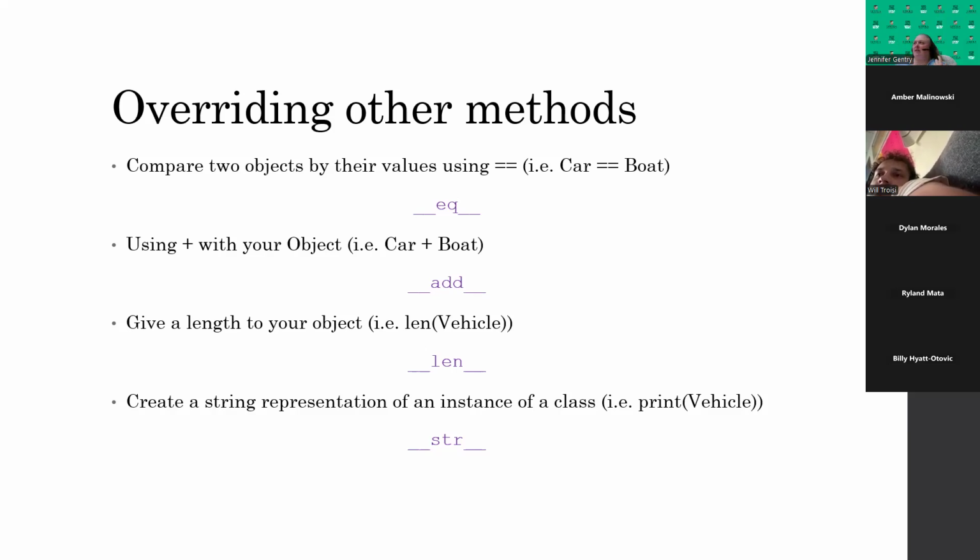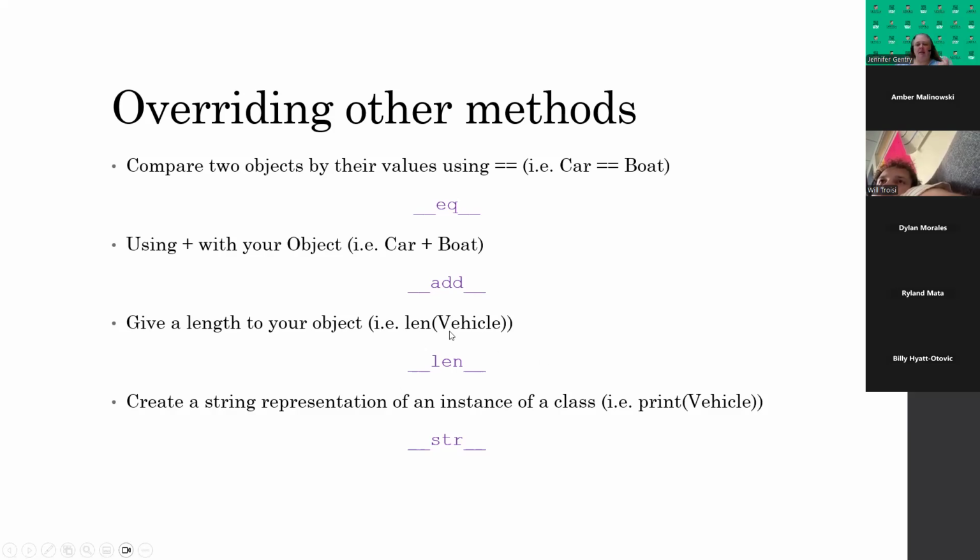I can define what that means. For example, if I say a car plus a trailer, that may somehow translate to a trailer hooked up to a car hitch. But I created the class, so I am going to make the decision as to what addition of my class means. I can give a length to my object.